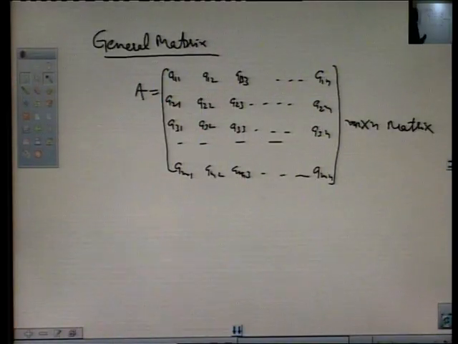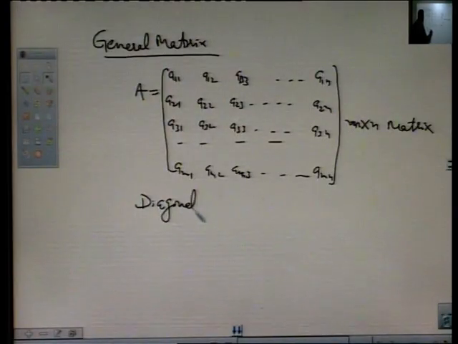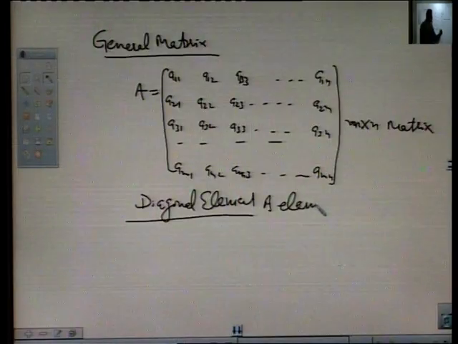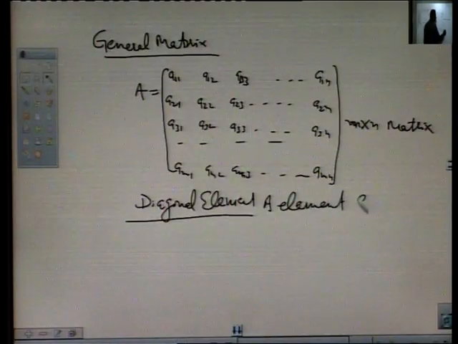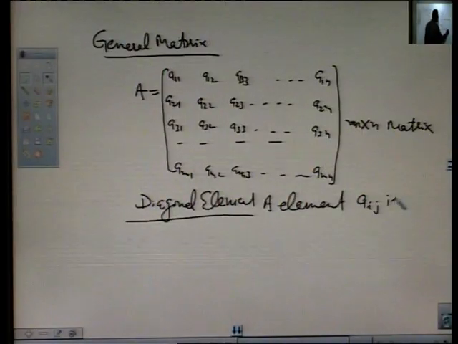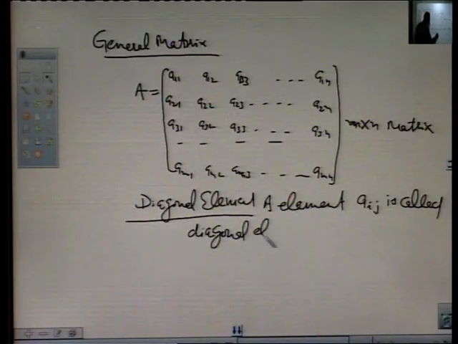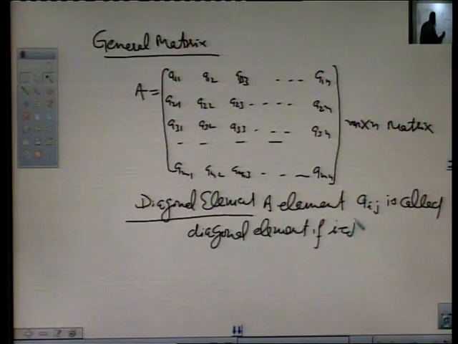Next is diagonal element. The element Aij is called a diagonal element if i equal to j.